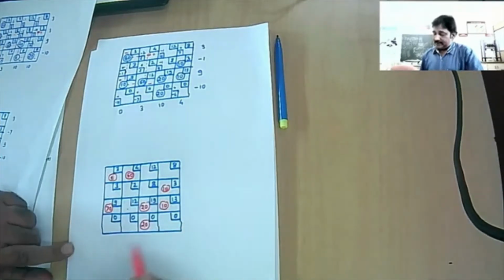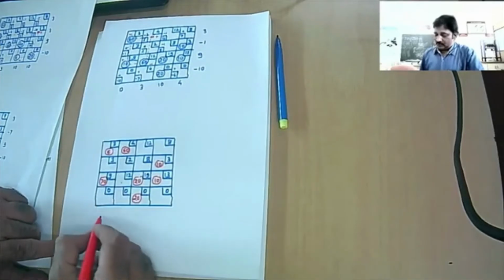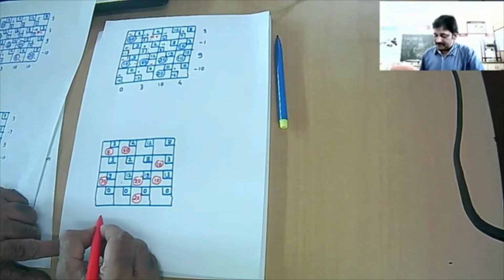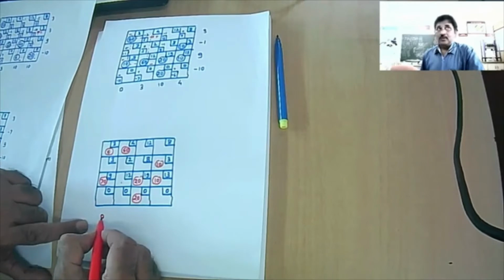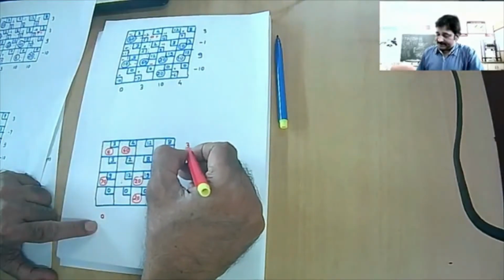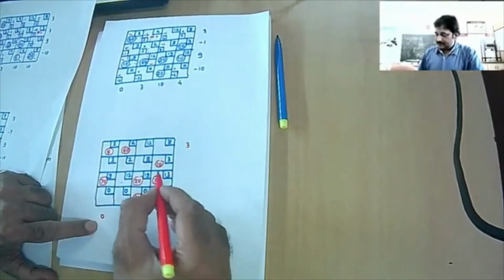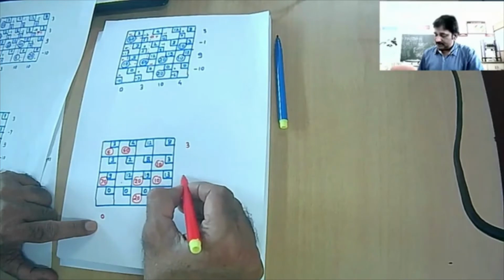Okay, now that we have 7 allocations, we are ready for finding row numbers and column numbers. So here first I take 0, then here it comes 3. By now you are used to the approach by which I am getting the row numbers and column numbers.